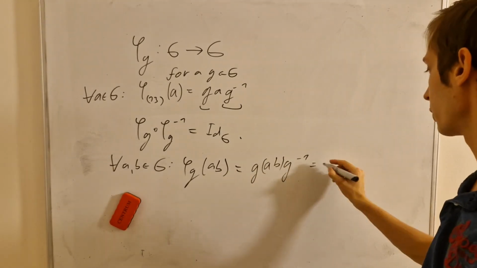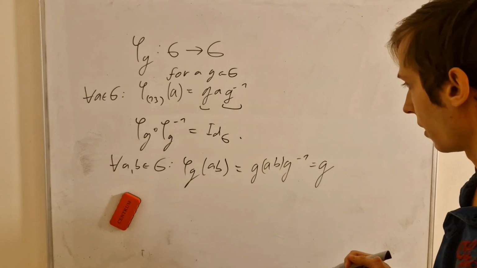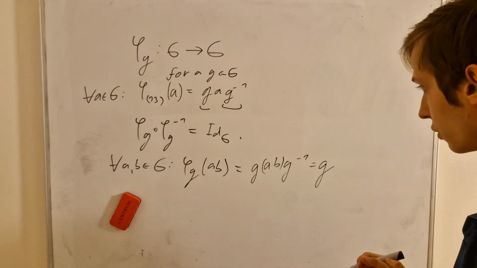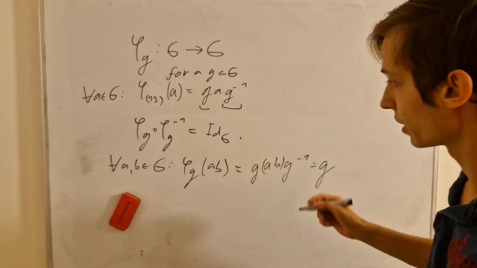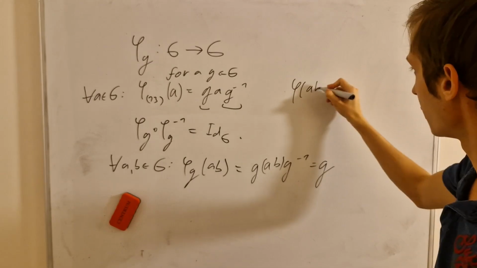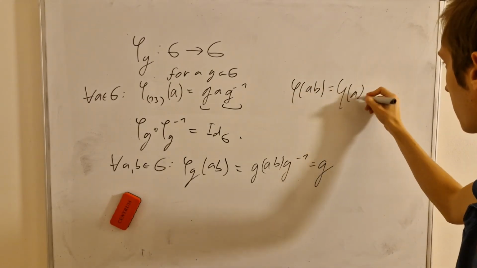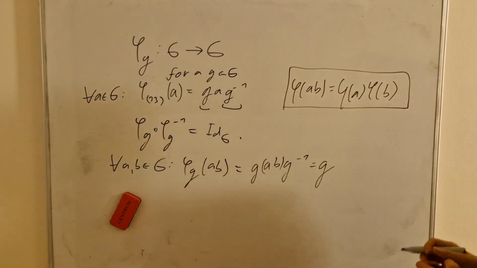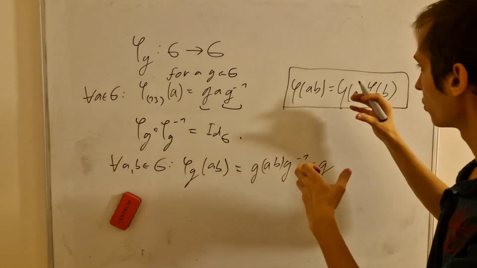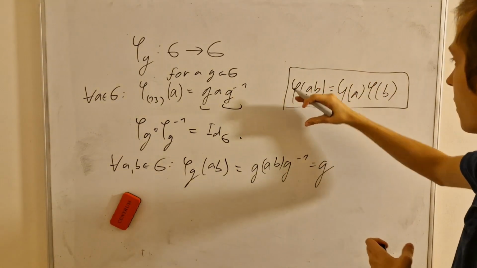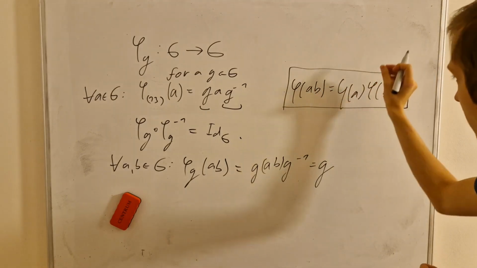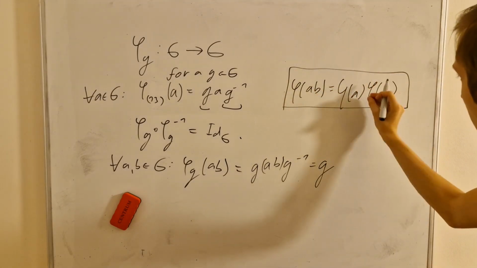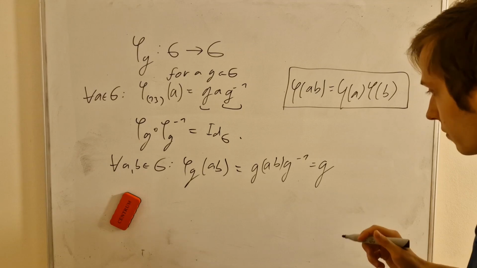That's the trick we'll use to show that it's a homomorphism. This is the definition of a homomorphism: we want to know that under the function, the product AB is the same as the function of A in product with the function of B.